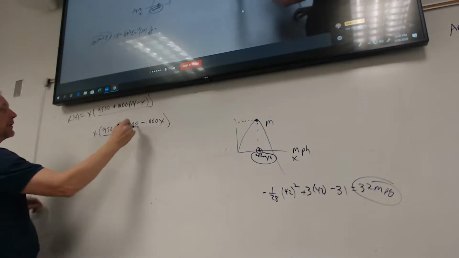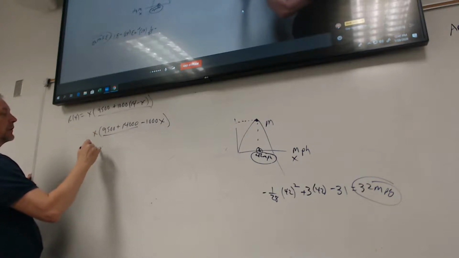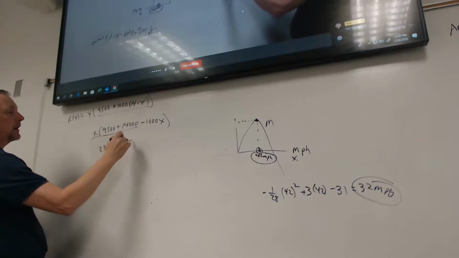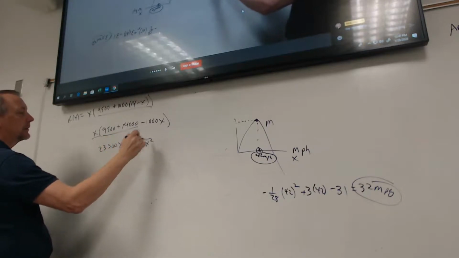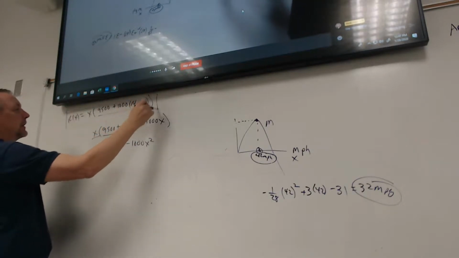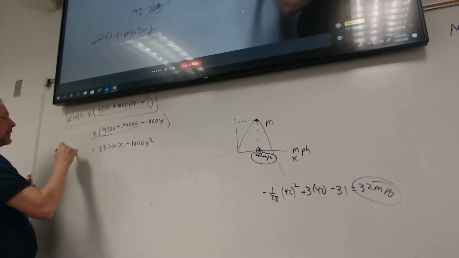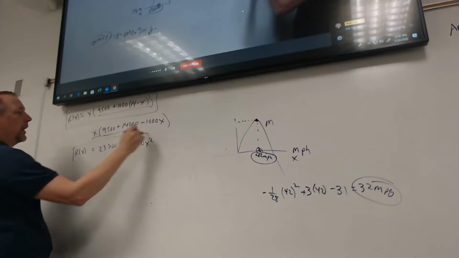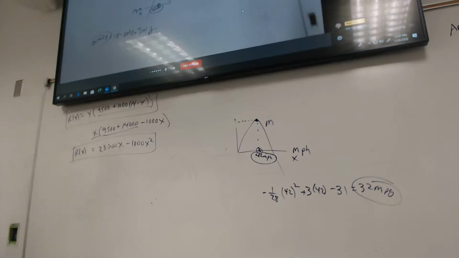So I can combine both of those and I'm going to get 23,500 x minus 1,000 x squared. So I would take either this or, this might be a little bit easier, that is your revenue function. Either of those is fine.